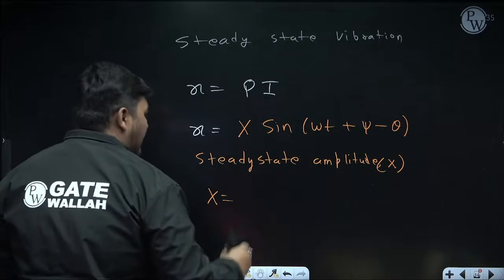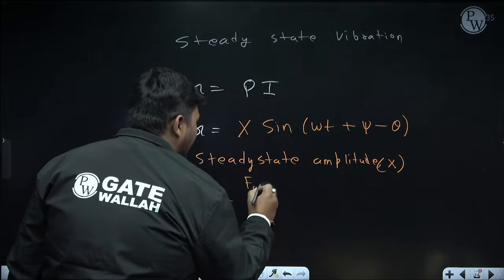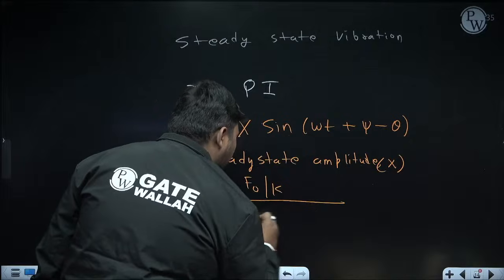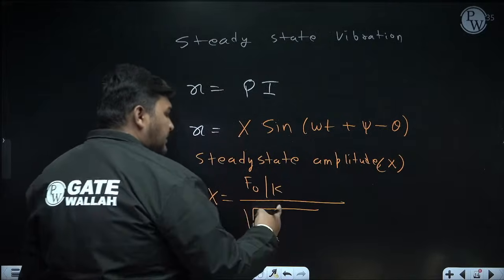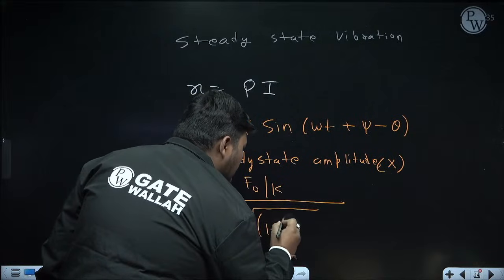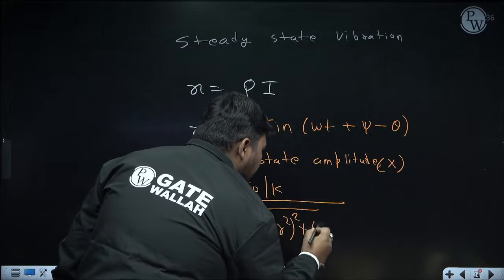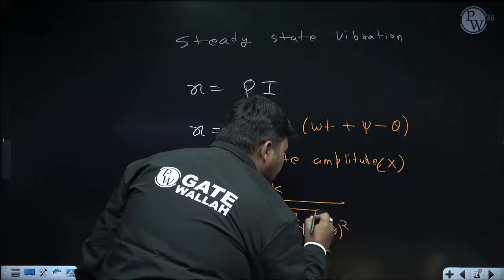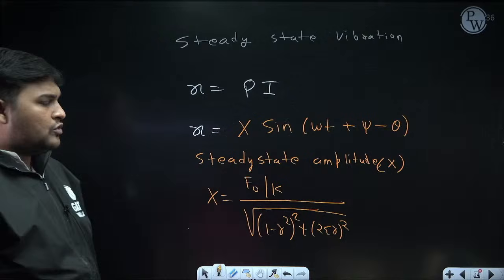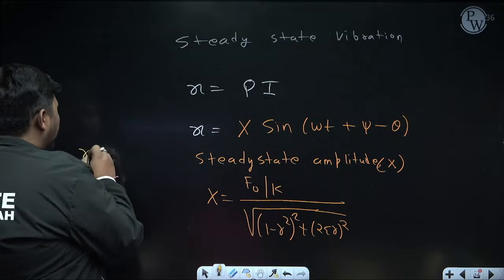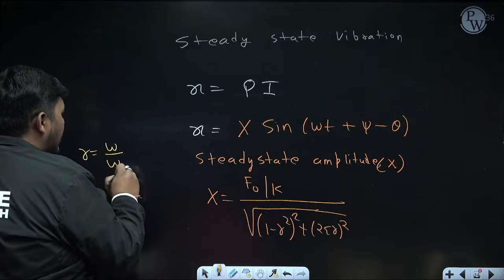And the formula I am writing in terms of zeta. Our formula to calculate capital X is F0 by K, where F0 is the amplitude of force and K is the stiffness of the spring for the general case, upon root over (1 minus r squared) whole squared plus (2 zeta r) whole squared. We know zeta is the damping factor. For the general case, the formula to calculate zeta is c upon 2 root over km, and r is the frequency ratio, which is omega by omega n. What is omega?